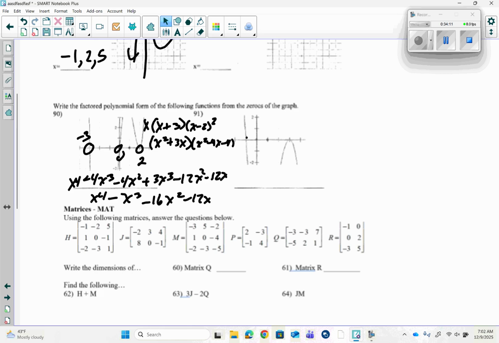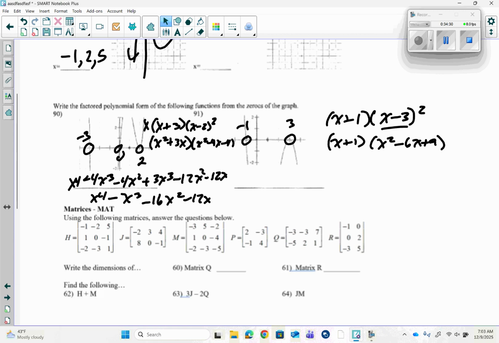In this particular one, we have -1 that is taking place at, and then we have a bounce here at 3. So that's going to give me x plus 1 and x minus 3 quantity squared. So if we multiply that out, that's going to give me x squared minus 6x plus 9.